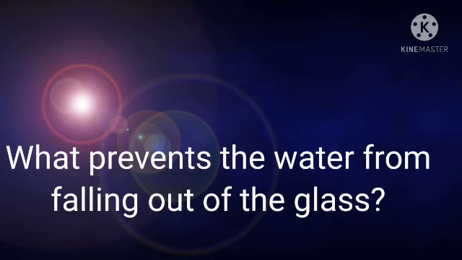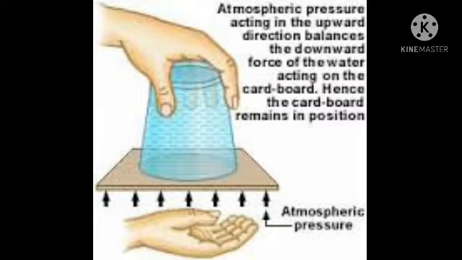What prevents the water from falling out of the glass? The water does not fall out of the glass because the air surrounding the cardboard exerts pressure on it. The pressure exerted by the air below does not allow the water to fall.